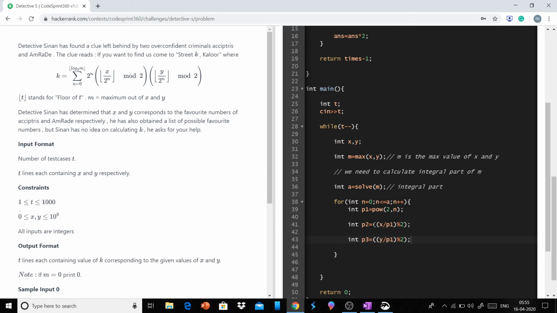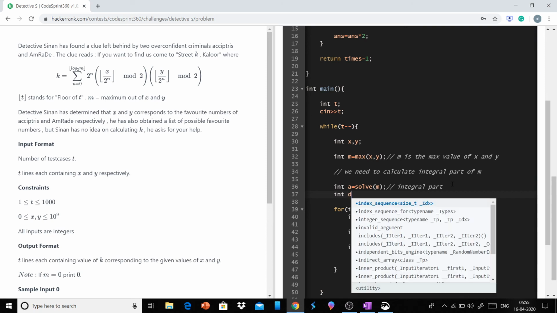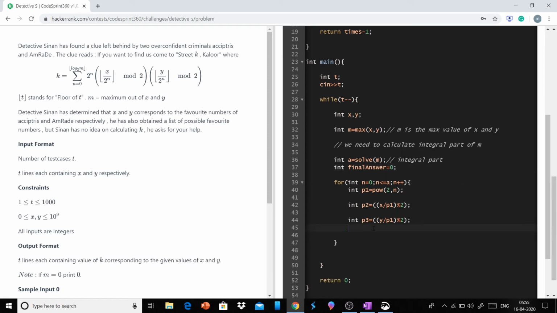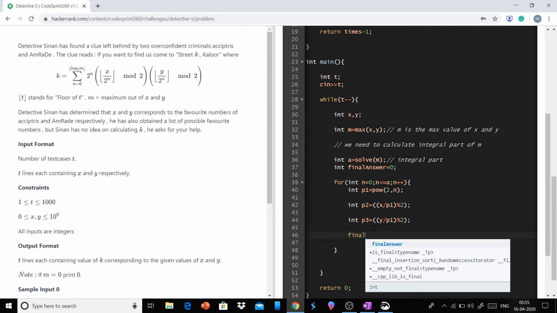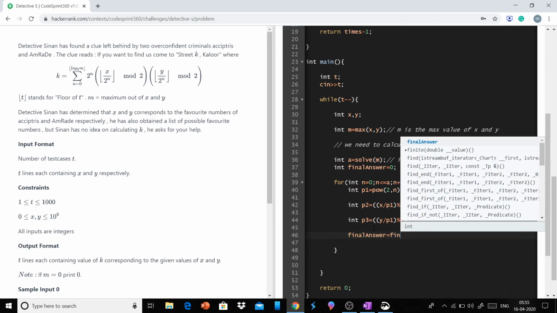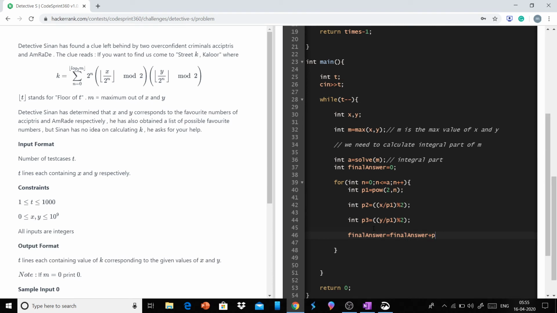Now let me declare an integer final answer, which is equal to 0 initially. And what I will do is that final answer is equal to final answer plus p1 star p2 star p3. This is what we all need to do.